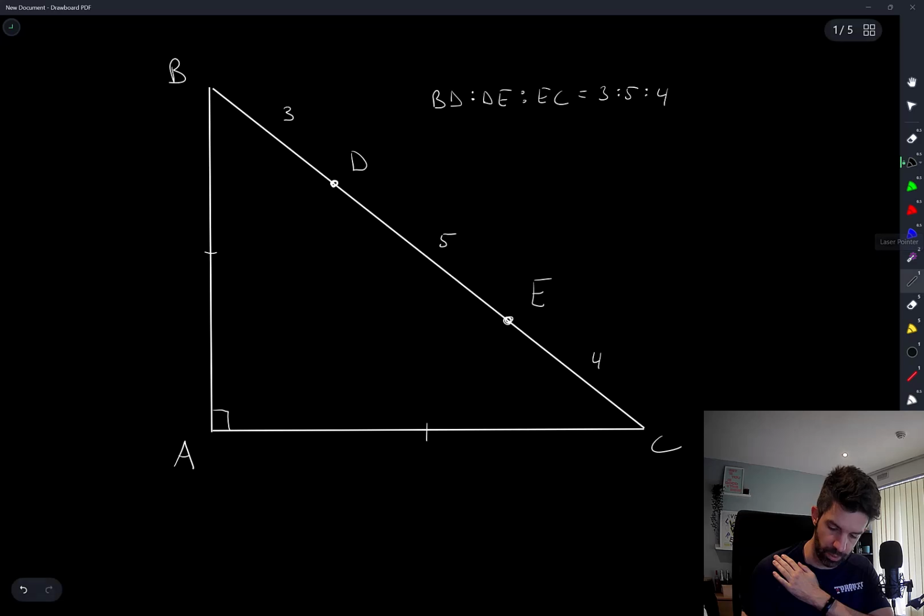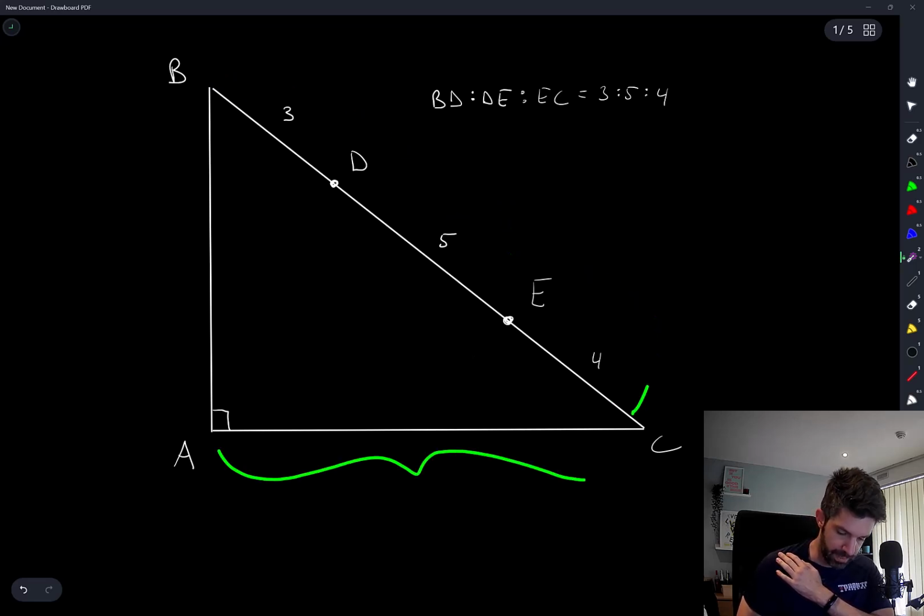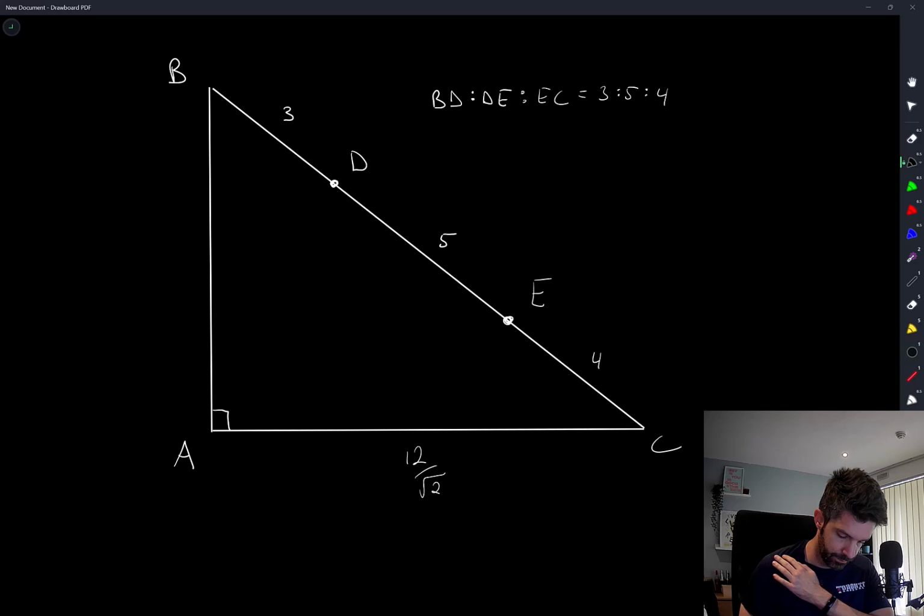And so we don't actually know what the lengths of AB and AC are. Or no, we do, right? Because this distance is 12. And so this is going to be 12 divided by root 2. This will also be 12 over root 2.